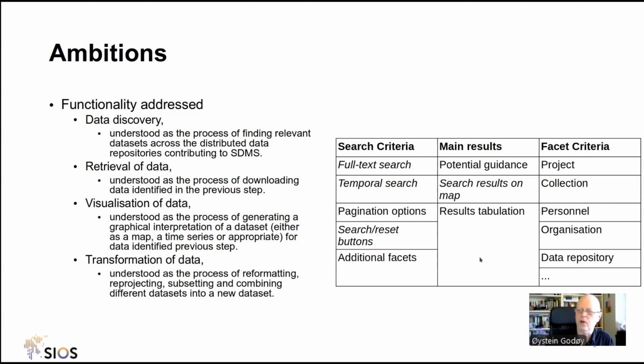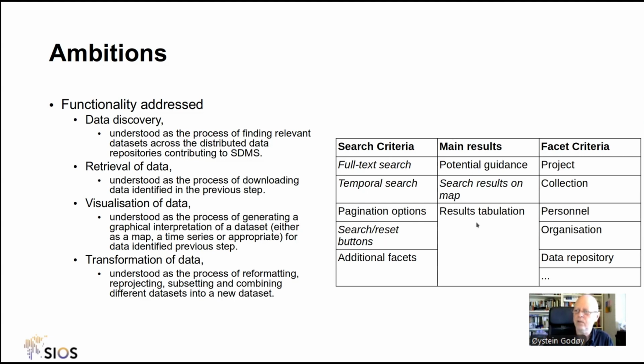This is a bit complicated since there are some additional facets down here in the first column as well. But basically, the first column is for the full text search and the temporal search. You have pagination options in that page, meaning how many results you want to have in one page before you have to switch to the next page to list your results. You have search and reset buttons.